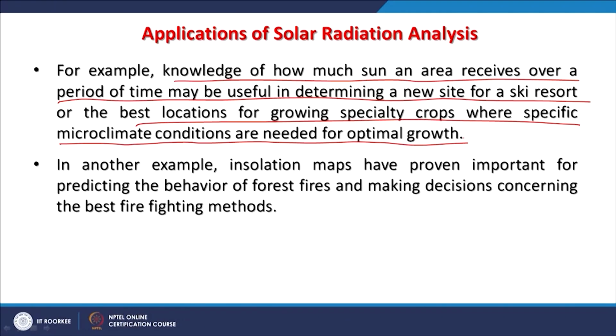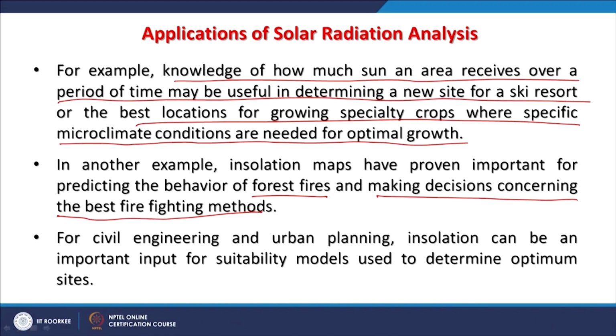Another example is that solar insolation maps are important for predicting the behavior of forest fires, because there also the sun provides the heat, and sometimes there are natural forest fires. So, that also can be assessed, and decisions can be made based on that information for the best fire fighting methods.